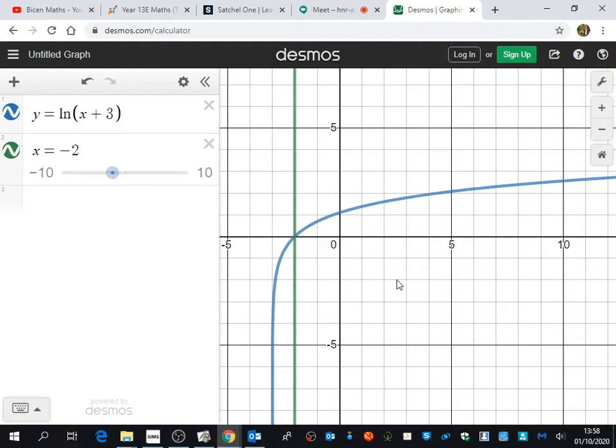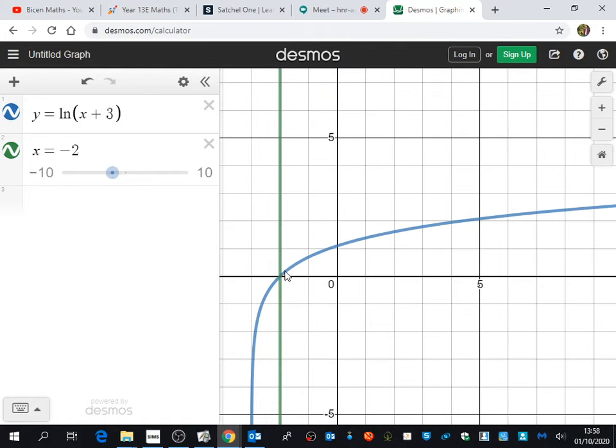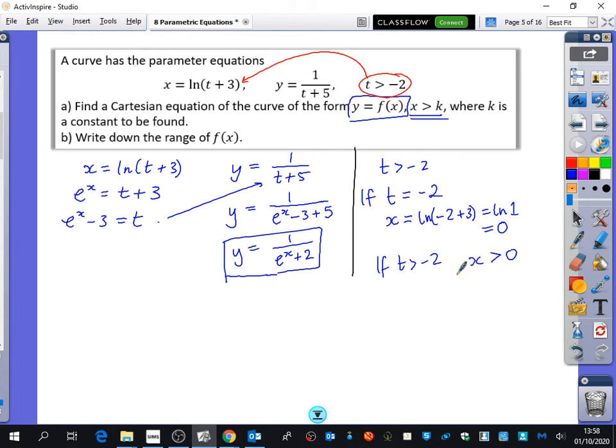So the only values we can get, it's confusing with all the letters actually. I think this is perhaps not going to be useful. But basically, the branch of the blue to the right is always above 0. Hence us saying that x is always greater than 0. But all the letters are a bit different there. So if you're finding that confusing, it's my fault because I've tried to show you and then made it worse. So that means that k is equal to 0 for this particular one.